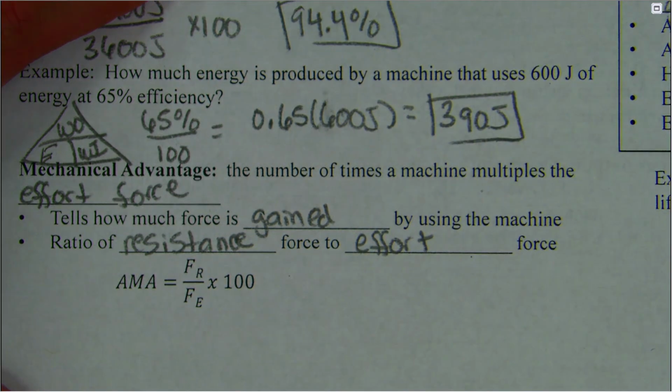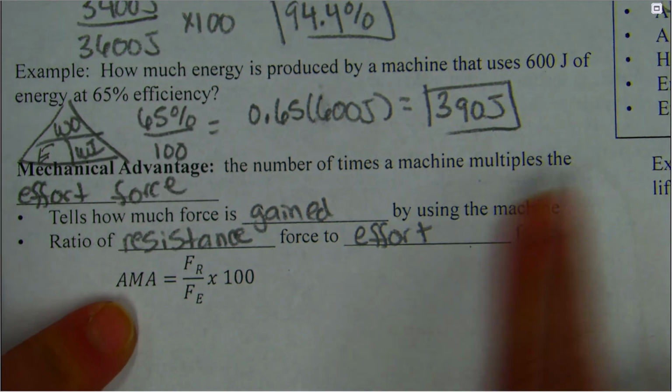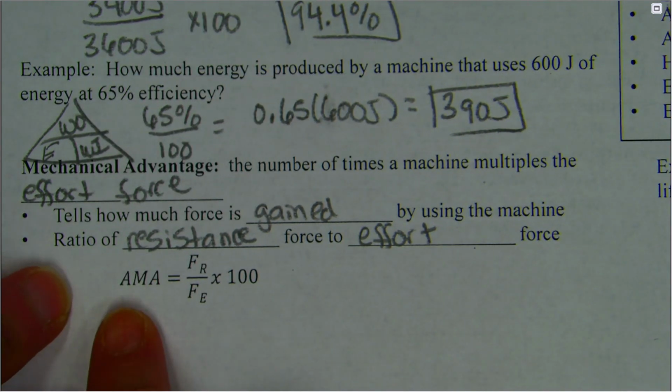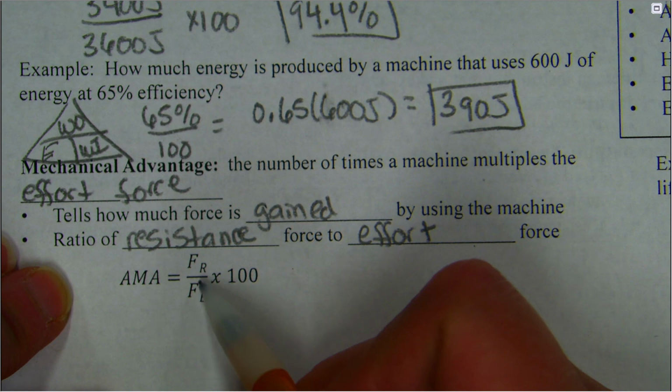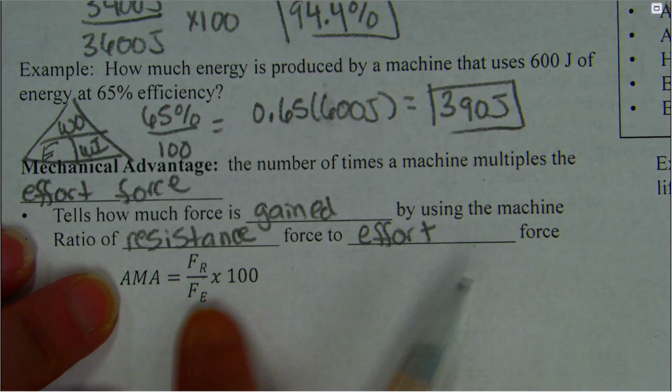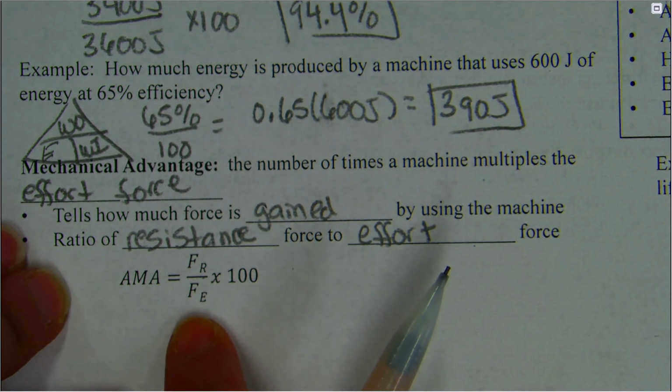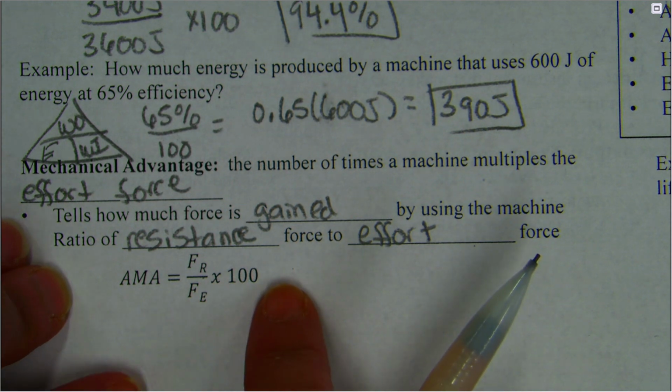And our equation for this is going to be mechanical advantage equals the resistance force divided by the effort force. And again, we're going to multiply that by 100.